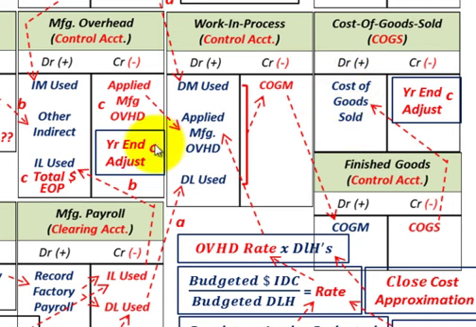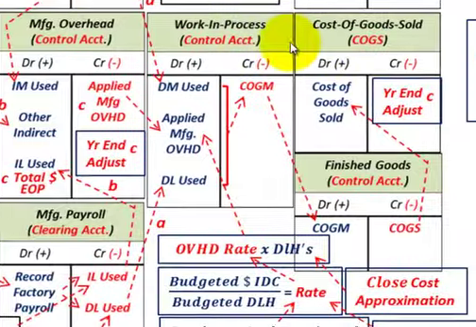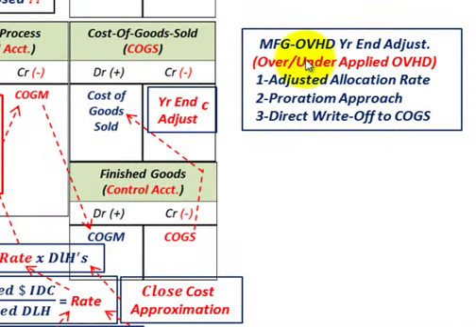But when we're looking at this applied manufacturing overhead, and how we allocate the difference between what we've applied and our total end of period amount for those indirects, there's really three different ways you can look at it, and we'll just briefly discuss them.